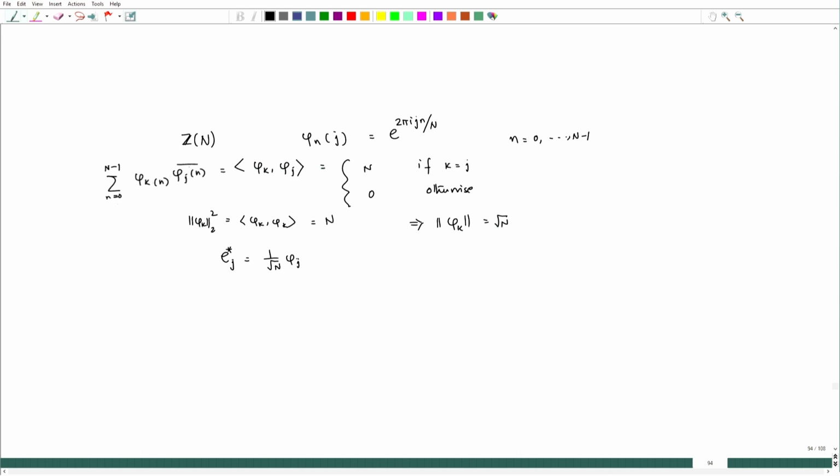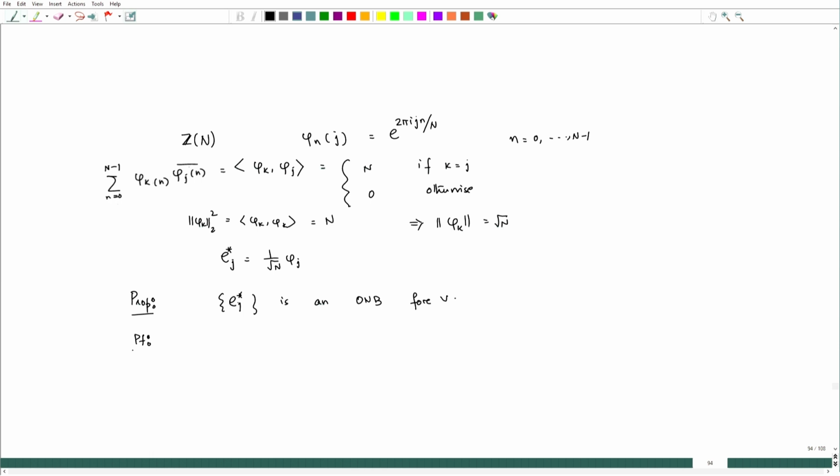phi j, then one can see the proposition: E j star is an orthonormal basis for V, and this is of course what we have now. What we need to show is the proof.